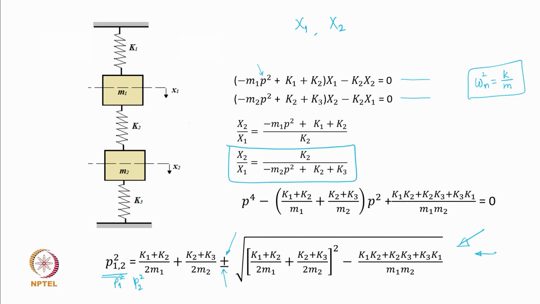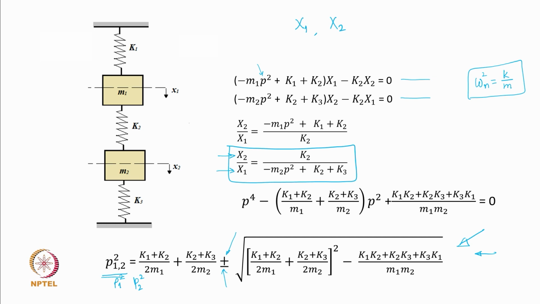the motion that we have assumed has to be with the amplitudes x1 and x2 which maintain this ratio.